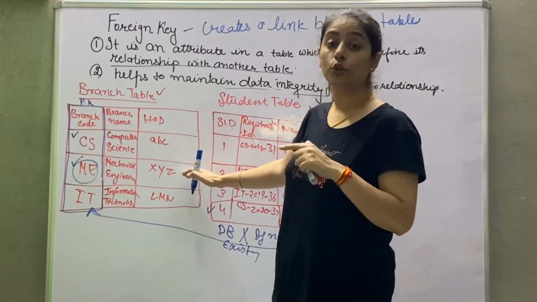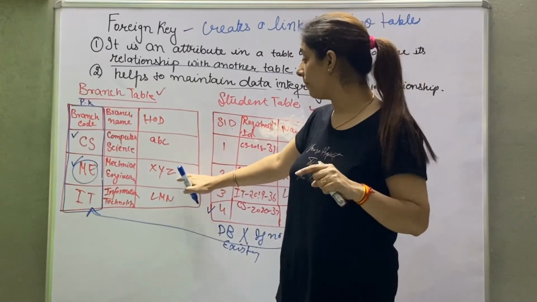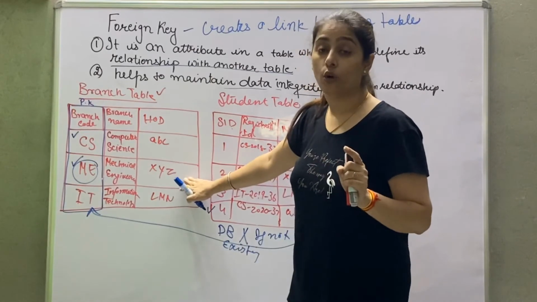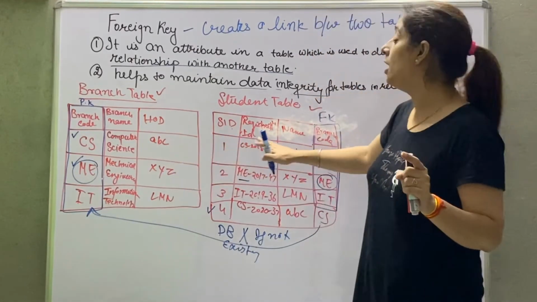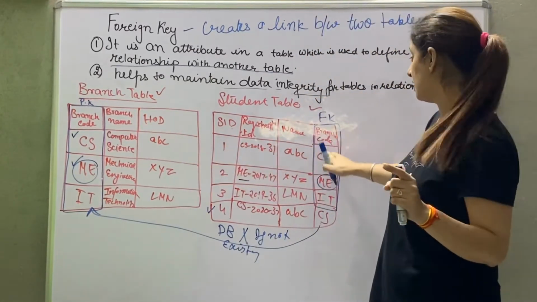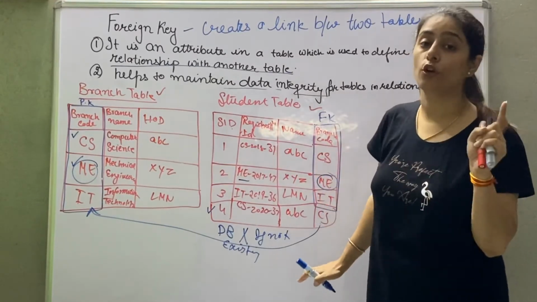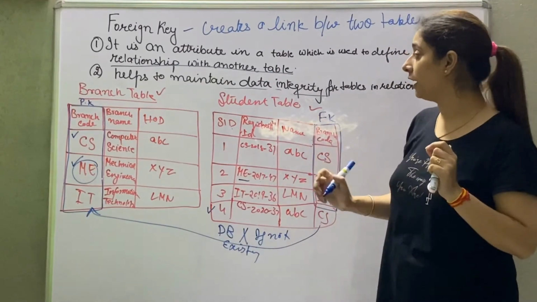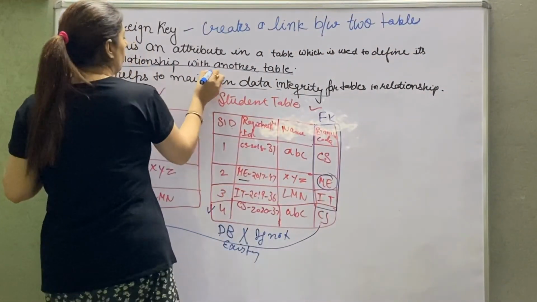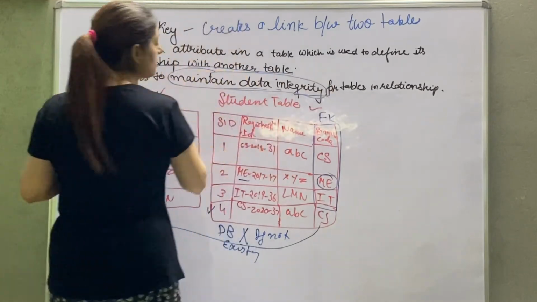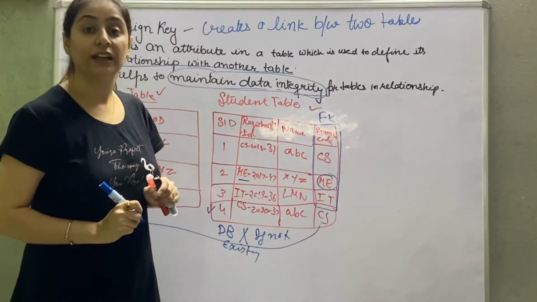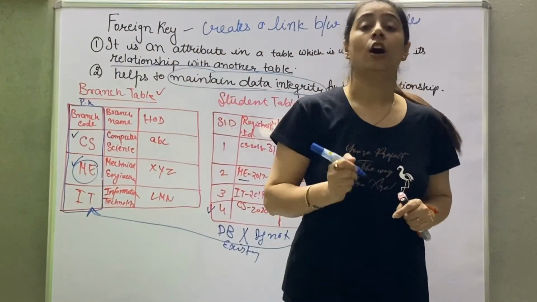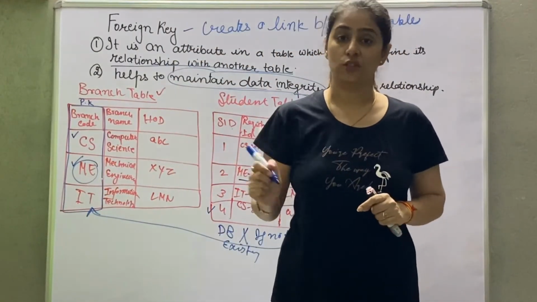Suppose you want to delete this ME branch code, then you have to check if this code is existing in this table, then the database will not allow you to delete it. Clear? So this is all about the foreign key. It helps us to maintain the data integrity, because nobody can easily delete or update the entries over here.